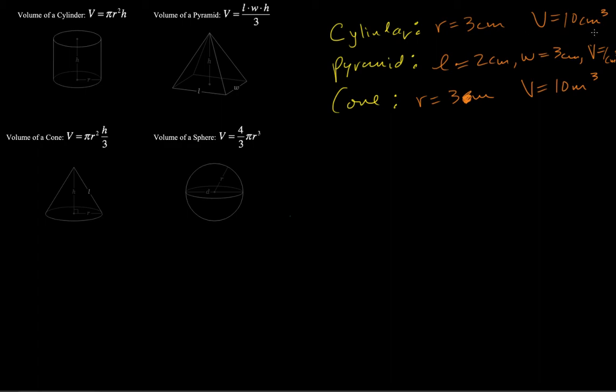Okay, I'm going to do the cylinder. So I go to this formula. I have the volume. I have the radius. I want to know the height. Okay, so I simplify first. I'm going to divide by pi 9, which is really just 9 pi. So we have 10 over 9 pi equals h.